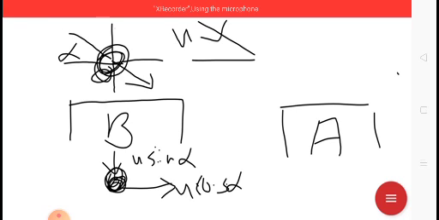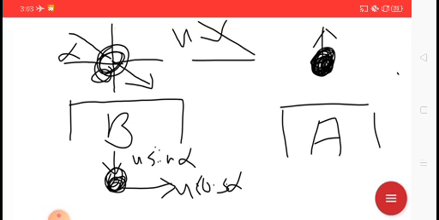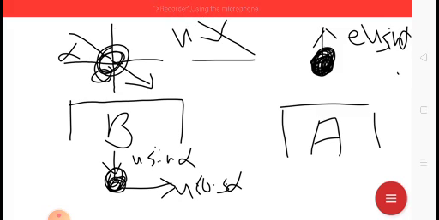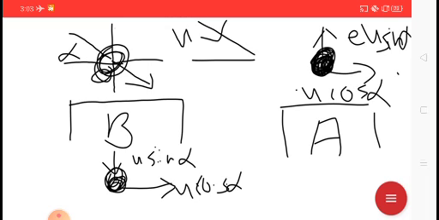After collision, the vertical component will be equal to eu sin alpha, but the horizontal component still maintains u cos alpha.